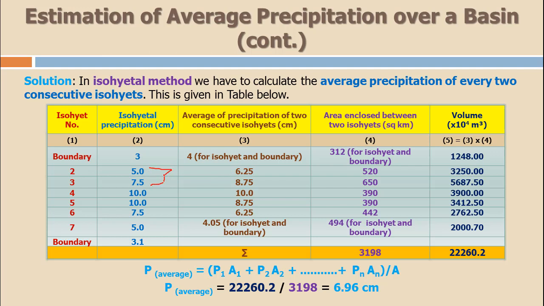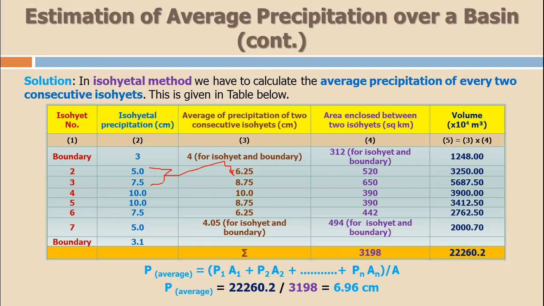The average of these two is 6.5. Similarly, 7.5 and 10 gives 8.75. 10 plus 10 divided by 2 is 10. 10 plus 7.5 divided by 2 is 8.75. So the average of all these 2 consecutive isohyets has been calculated.